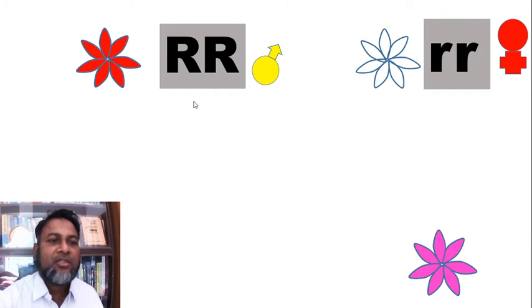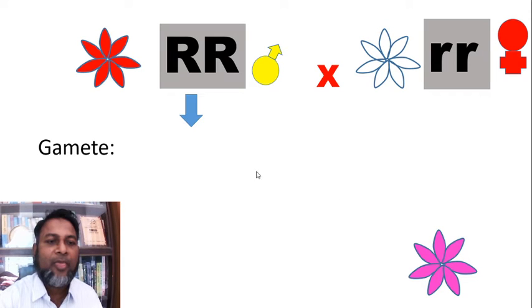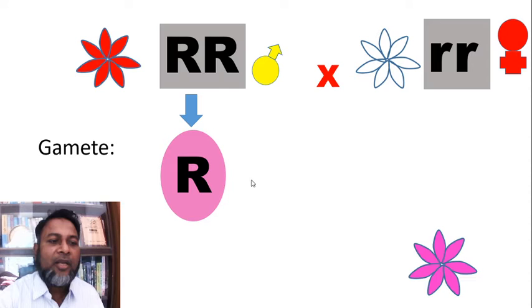At first we take two plants. The male plant is capital R capital R, and its flower is red, whereas the female plant has the small r small r genotype, and its flower is white. When this red flower plant is crossed with the white flower plant, gametes are created.